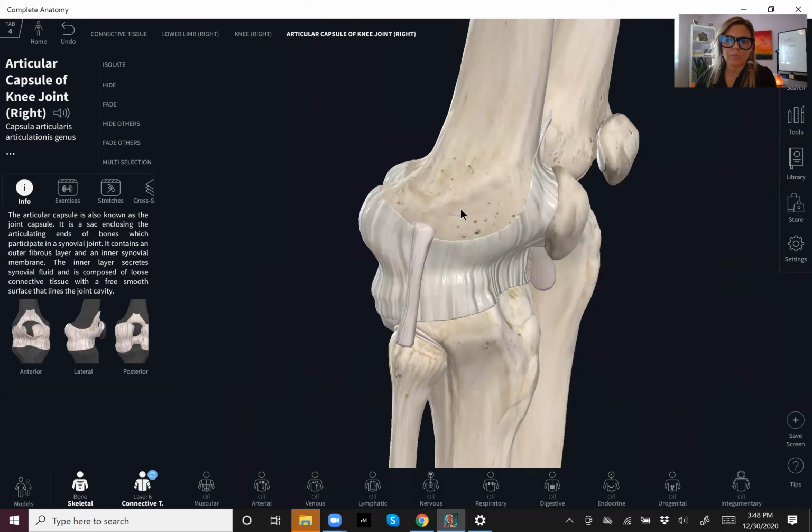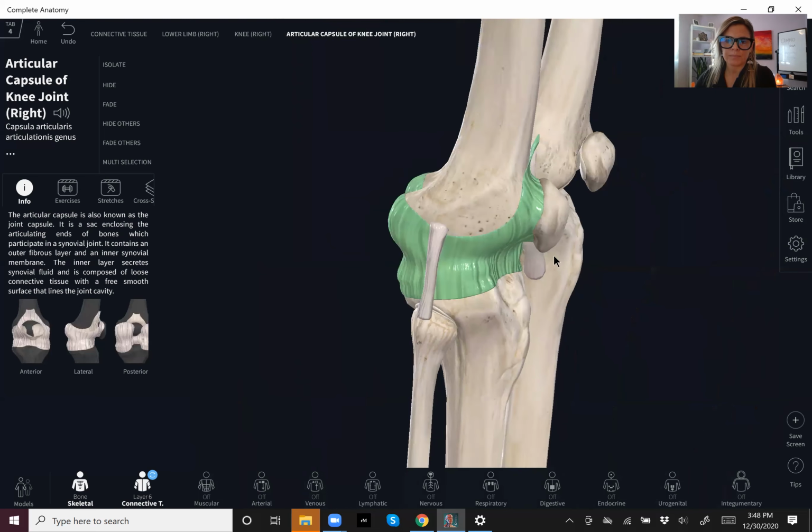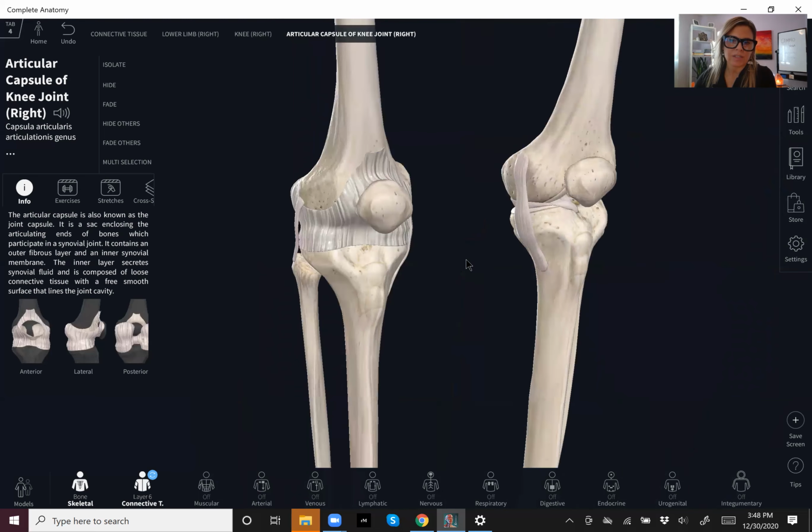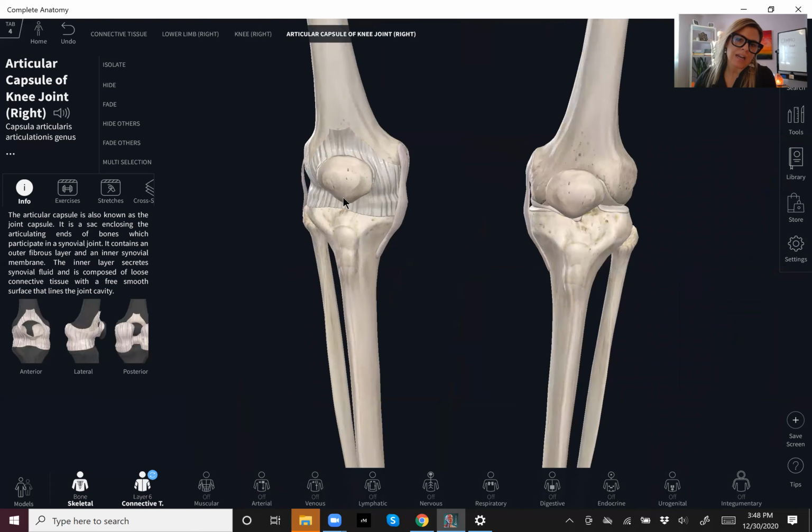So we'll zoom out a little bit here. And you can see as I rotate around that the entire knee is covered in this capsule. So the ligaments on the outer side, the MCL and the LCL, help to create stability. Then you have this articular capsule that creates the synovial joint.